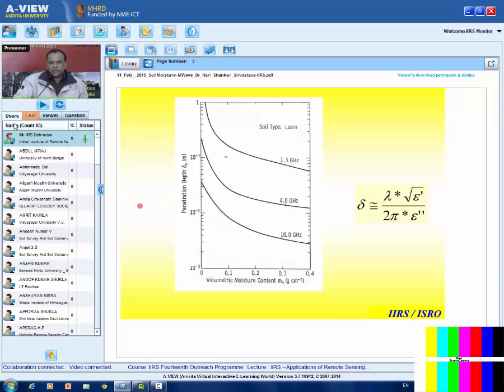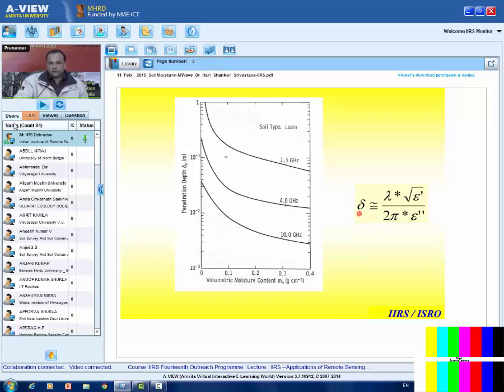In case of optical remote sensing, poor penetration capability makes it not a good choice. But microwaves, due to longer wavelengths, can penetrate inside the soil column, and even in the presence of vegetation or crop cover we can estimate the soil moisture, because microwaves can easily penetrate through crop cover or vegetation cover.